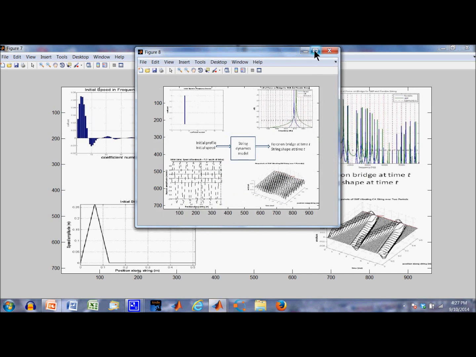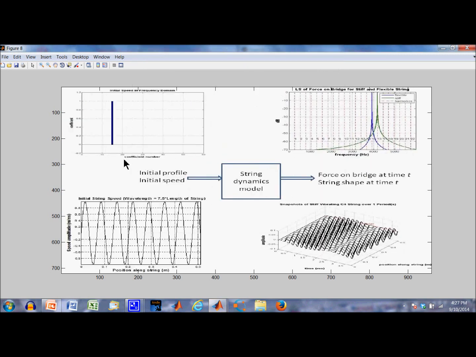You can also do this, as I mentioned earlier, by just picking one of the coefficients or one of the harmonics in the initial speed approximation. For example, if I pick the 15th, it would be associated with this kind of an initial speed in the spatial domain, which is physically unrealizable, but this would be the relationship.